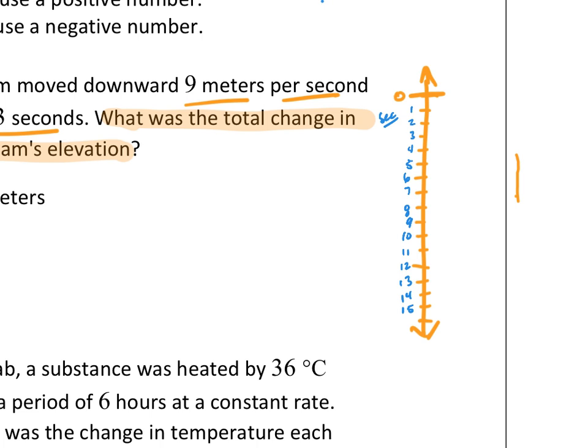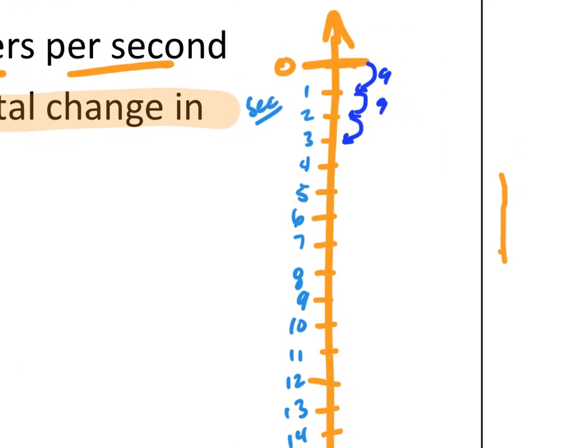And then I'm going to just say, well, I'm dropping 9 meters every second. Right? So if I'm dropping 9 meters every second, then here at 2 seconds, I've dropped 18 meters.